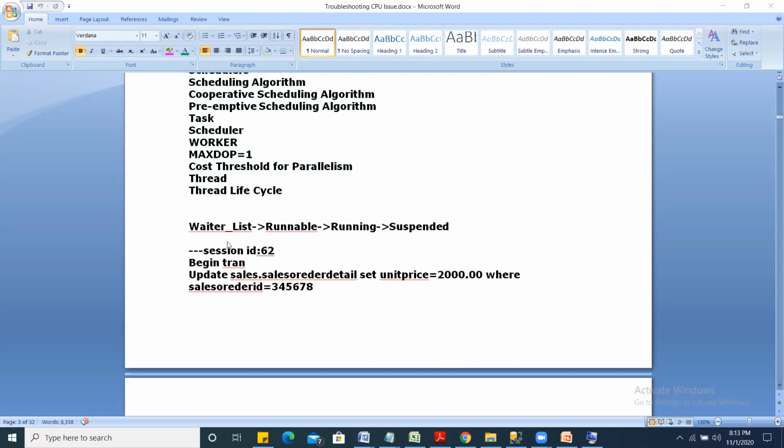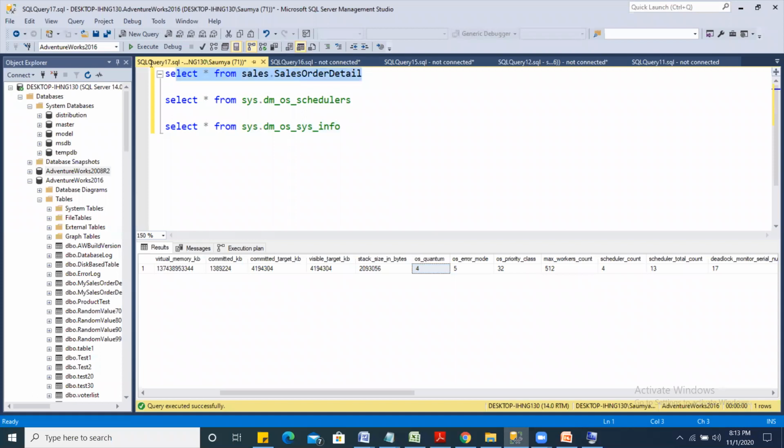You asked about quantum, right? I explained that every query that you execute is finally represented as a thread to the scheduler. So when I execute this query, a plan will be generated. If the query is not complex, and it does not cross the cost threshold for parallelism, right?